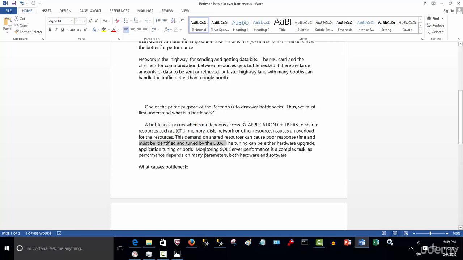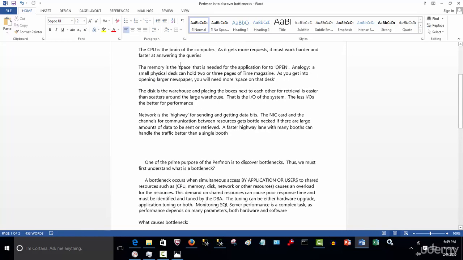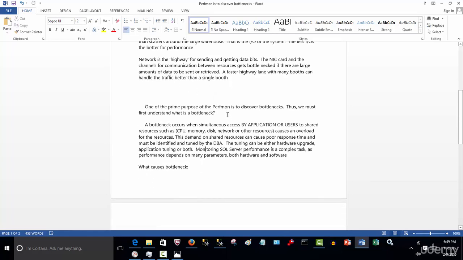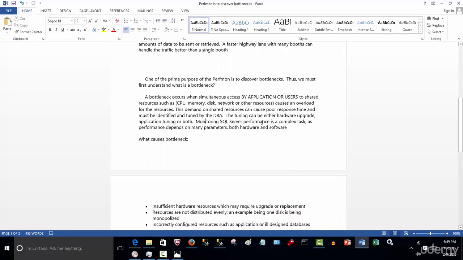Now, tuning means, should we buy faster and more powerful hardware, or should we fine-tune the queries that are accessing the data? I'll be showing you that in a second. So the tuning can be either, as I said, a hardware upgrade, application tuning, or both. Monitoring SQL performance is a complex task, and performance depends on many parameters, both hardware and software.